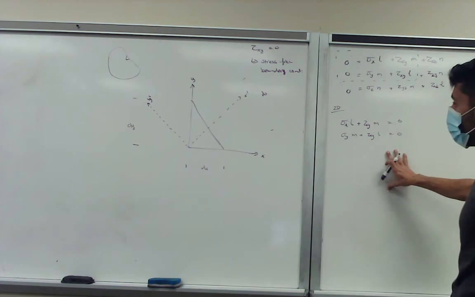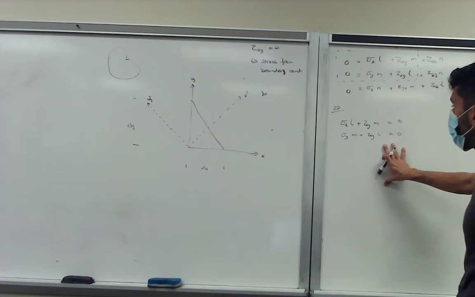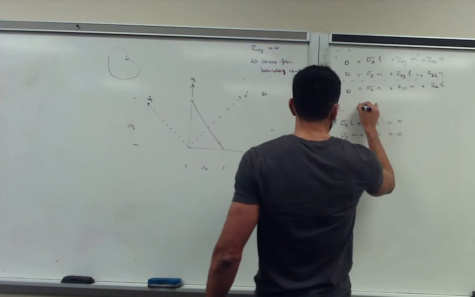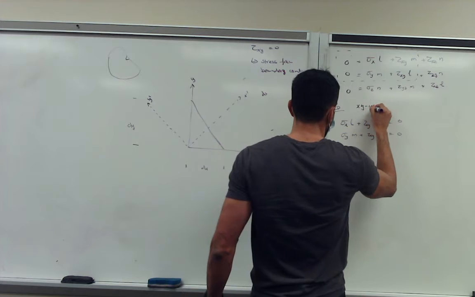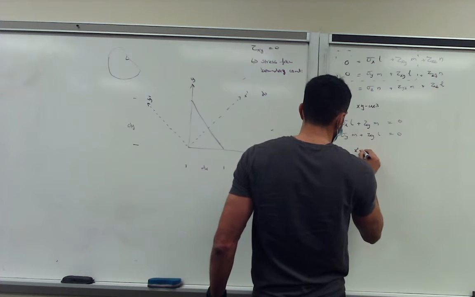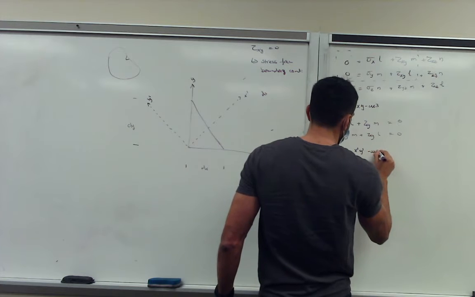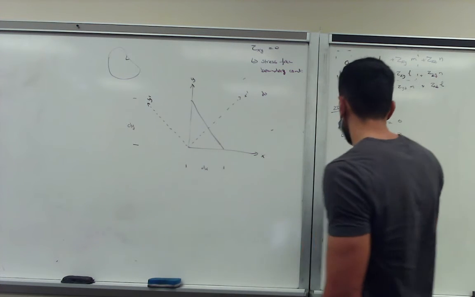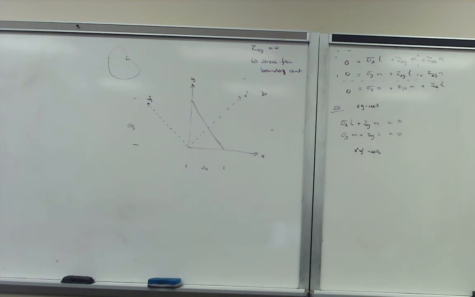And then, since we have a 2D case, this was on our x, y axis, so this must still be true in our x dash, y dash axis as well. To do so, we use the stress transformation matrices that we did in one of our first lectures.